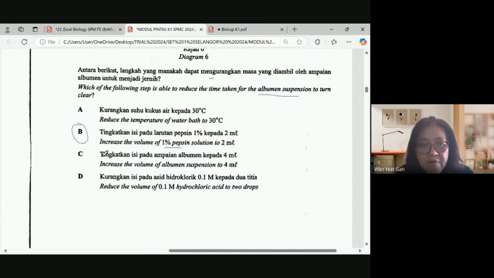Now, the rest of the options are incorrect. The suitable temperature for the hydrolysis is 37 degrees Celsius, and then the substrate should be lessened, and the hydrochloric acid is required for the hydrolysis, so you cannot reduce the volume.